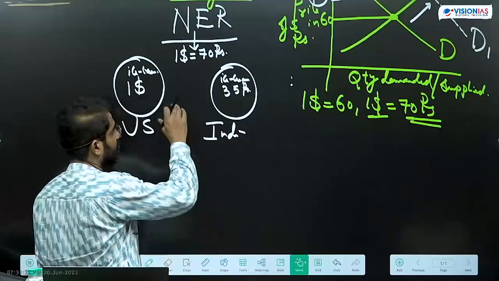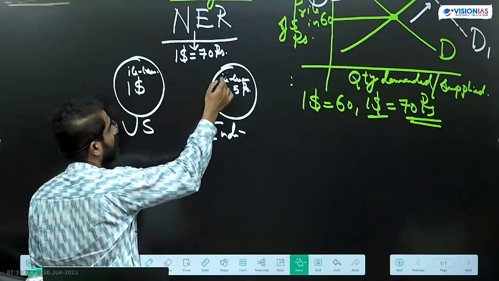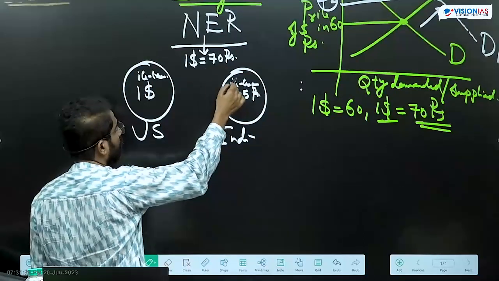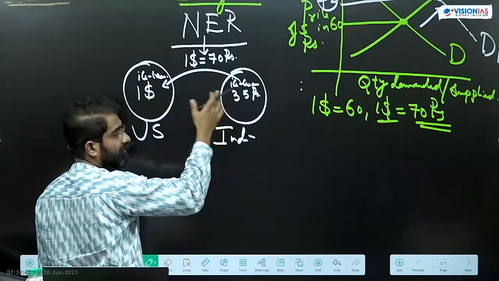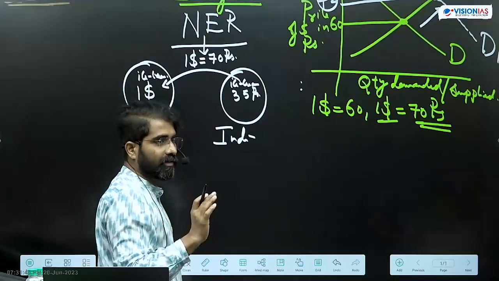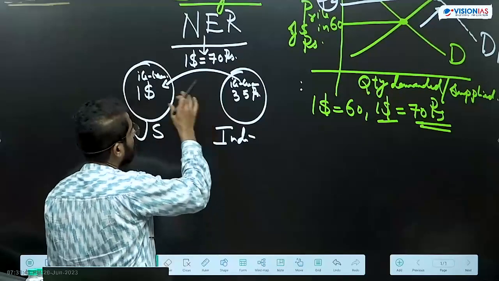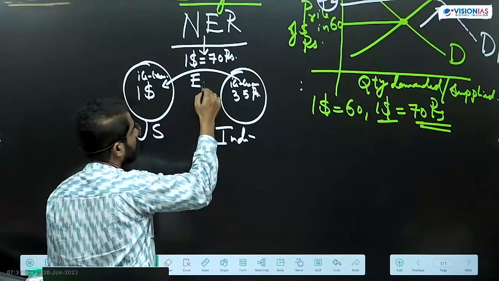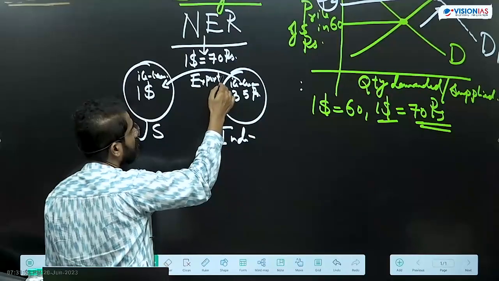In this case, the US will buy ice creams from India, because with $1 you will get 2 ice creams from India, but with the same dollar you will only get 1 ice cream in the US, and therefore this situation will encourage exports for India.